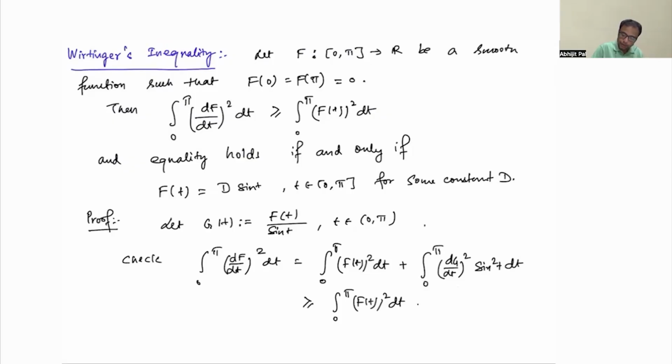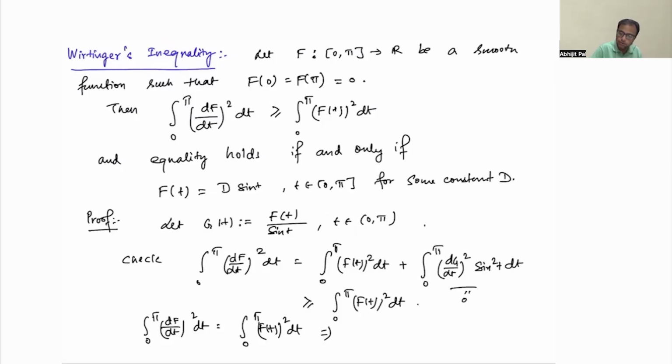Okay. And suppose you have this equality, this is equal to this. So this will imply that this term is equal to 0.